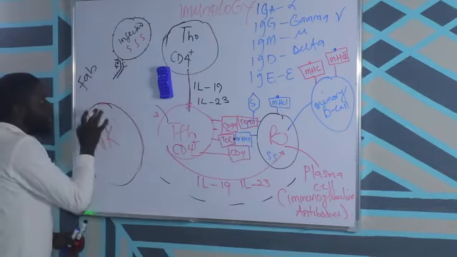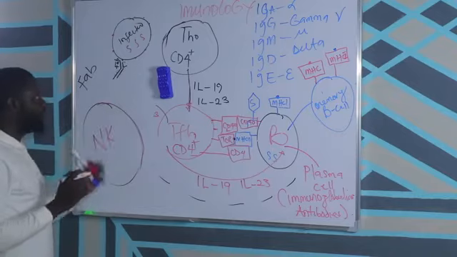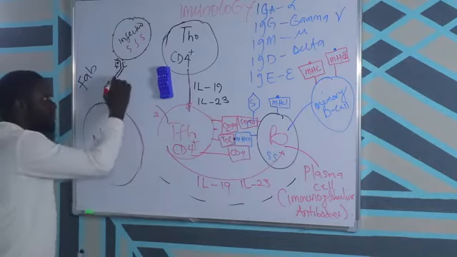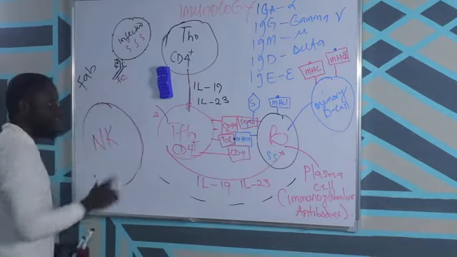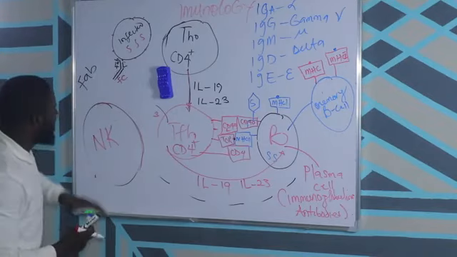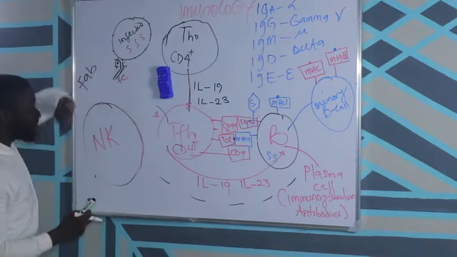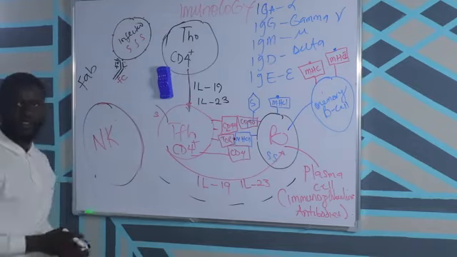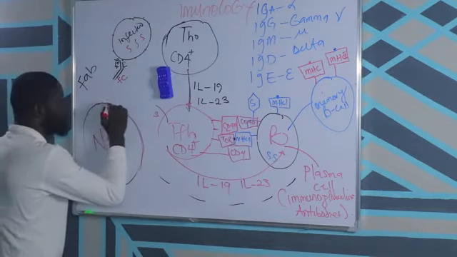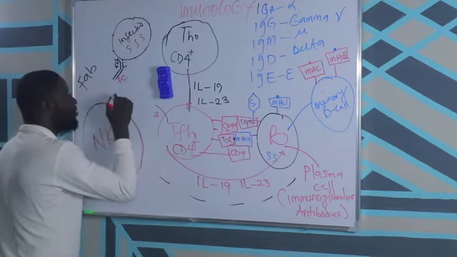On the body of the NK cell, there is a portion that attaches itself to the FC region of the immunoglobulin. A receptor.